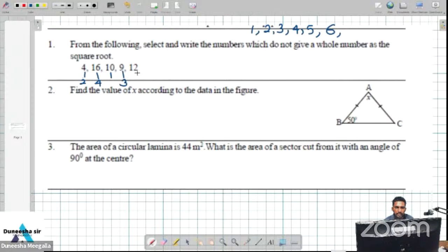It's 3. Then 12, does it give a whole number for the square root? It's not. What are the numbers? 10 and 12.